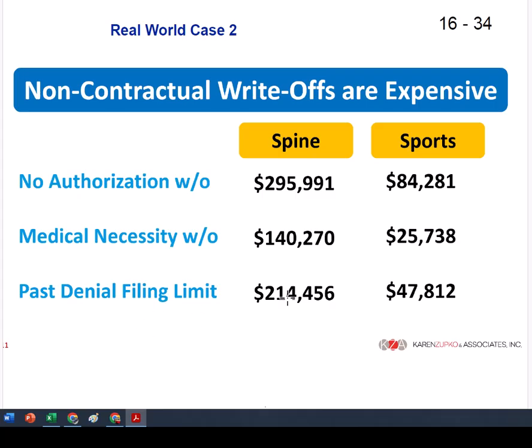Past timely filing limit. So they billed past the contractual limit. Again, I said, like United, 90 days. So this is just unforced error, people.